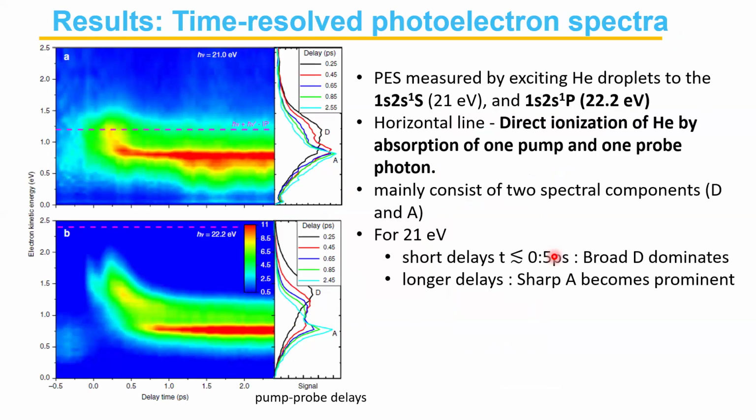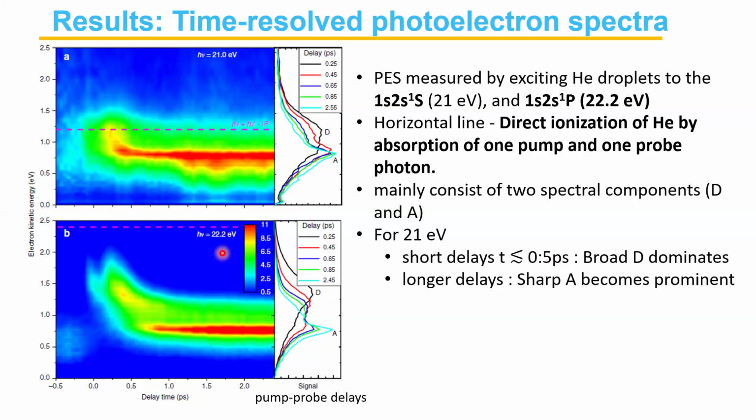So now I'm going to continue further with this ultrafast relaxation of helium nanodroplet experiment. The time resolved photoelectron spectra were measured by exciting the helium nanodroplets using two pump energies, which are around 21 electron volt for exciting the 1s 2s orbital, and then 22.2 for 1s 2p.